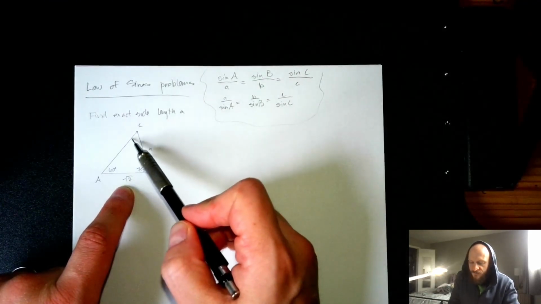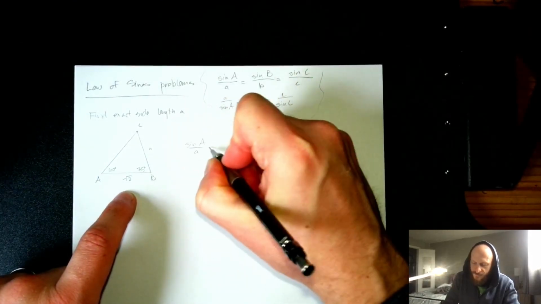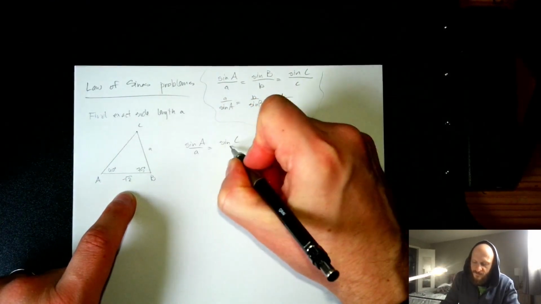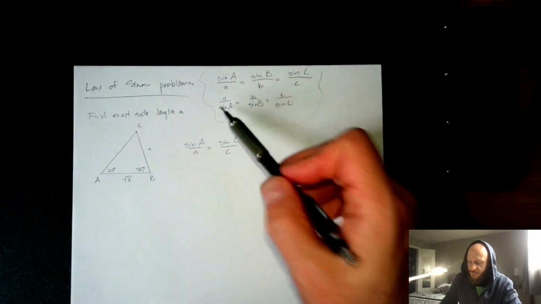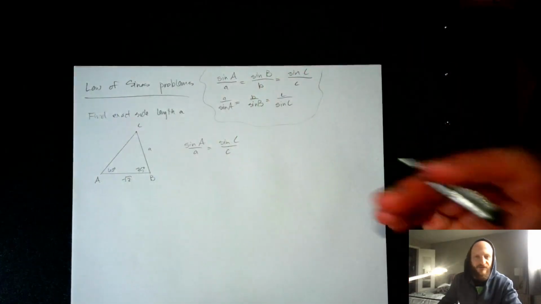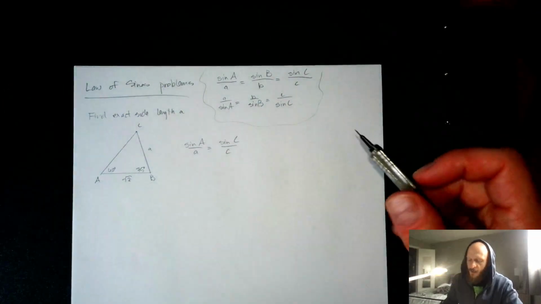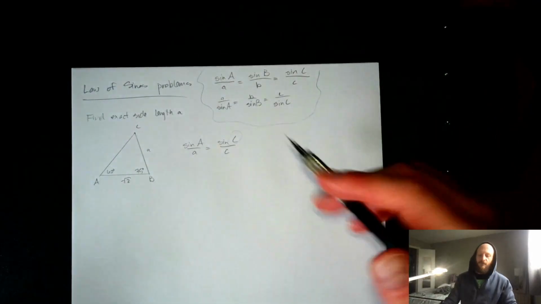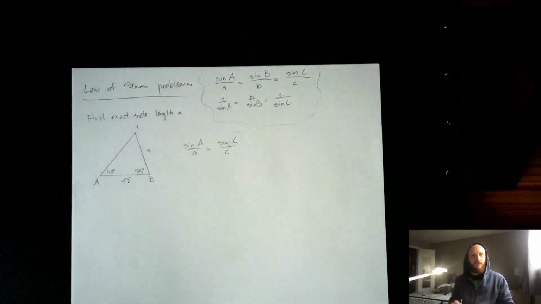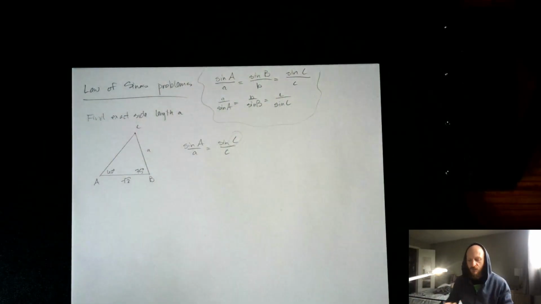If I had angle C, then I could use the fact that sine of A over A equals sine of C over C. Or maybe the better one would be the second version, because it's slightly easier to solve for A. It's the exact same thing, but notice that in either case, the key is that I need angle C. Well, lucky for us, we already have angle A and angle B, so angle C is implied because the internal sum of angles for a triangle is 180 degrees.